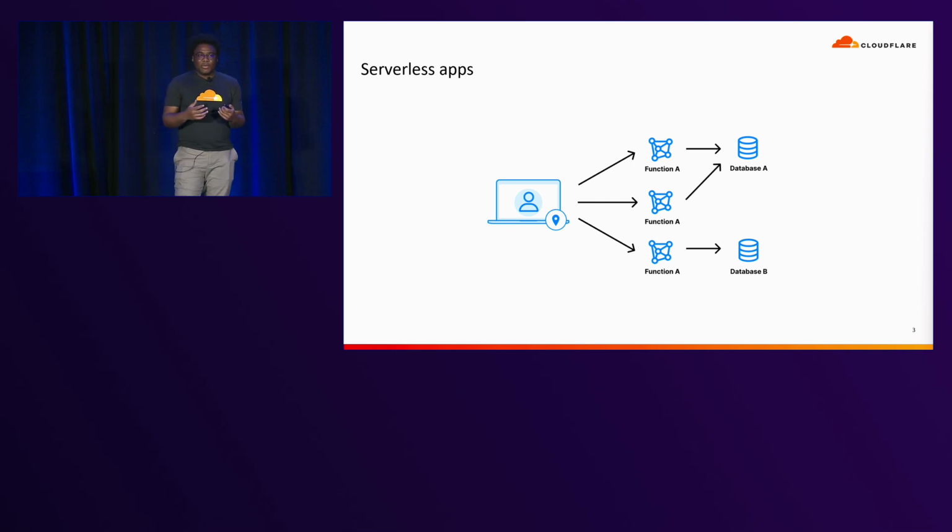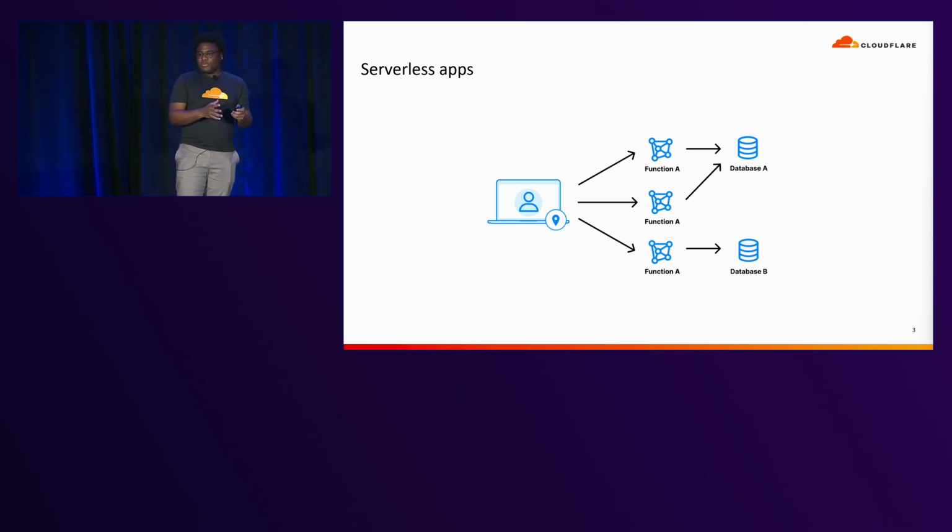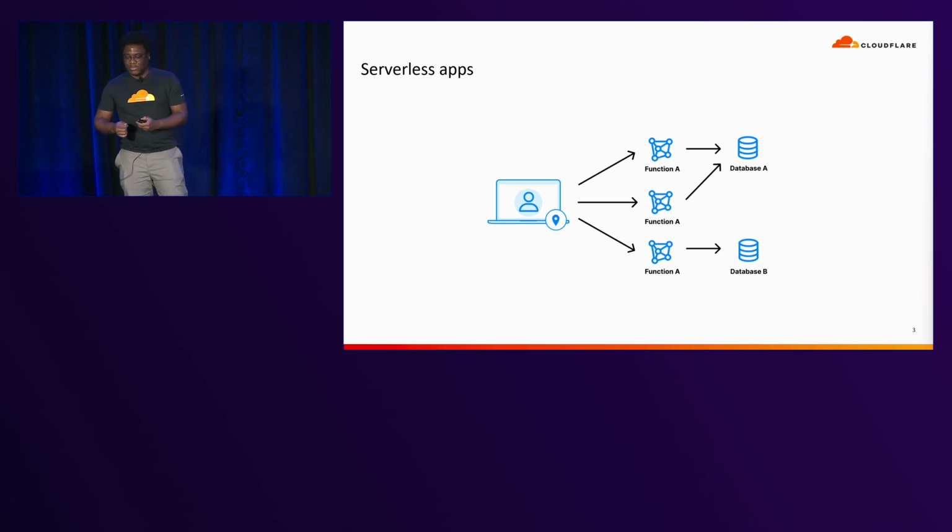What tends to happen is that building applications becomes very different when you have those primitives. So you start to have things like this, where instead of having a single server, you have multiple functions doing individual things, talking to multiple databases, pushing events to multiple queues, and having multiple event buses that are coordinating all of those events between the services.